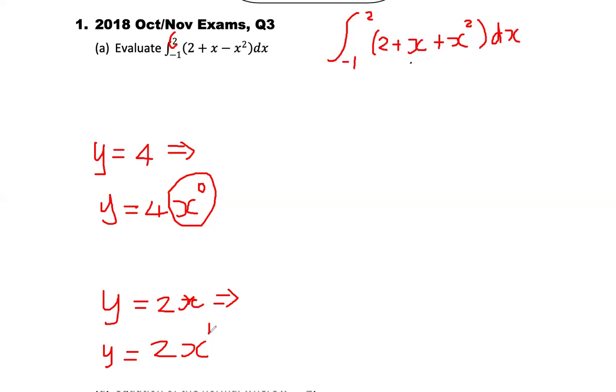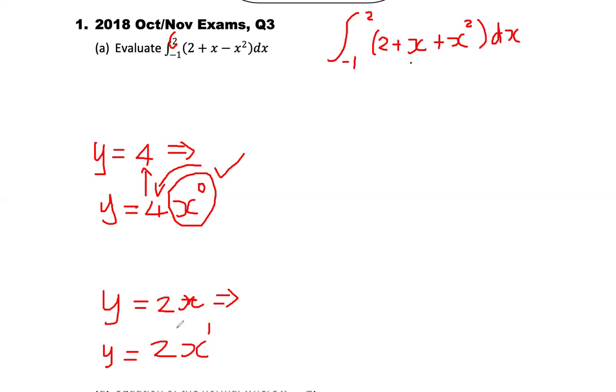I have a question. So, you said for x to the power 0, do you indicate it or not? No, we don't indicate it. We just write it as 4, because we understand that x raised to power 0 is 1, and when that 1 is multiplied with 4, it still gives us 4.